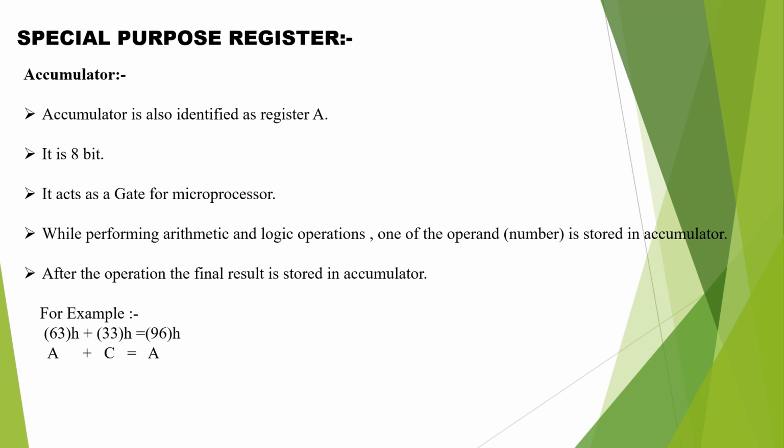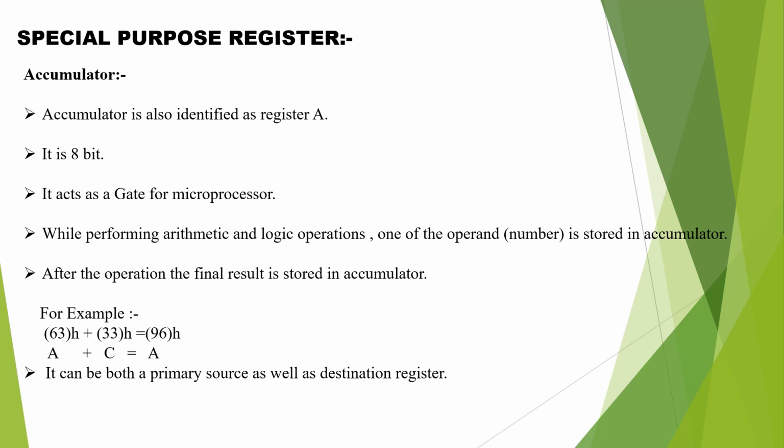So here, while performing arithmetic and logical operations, one of the numbers should be stored in the accumulator. After the operation, the result will be stored in the accumulator. The accumulator can be both a primary source as well as a destination register. In simple words, we can transfer data from any register to the accumulator, so here the accumulator forms the destination register.